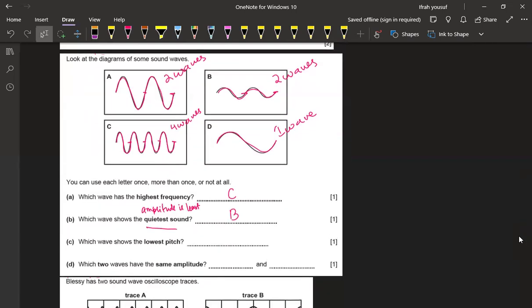Now you have to refer pitch with the frequency. Which wave shows the lowest pitch? D. Because here's only one wave. That's why the pitch will also be lowest. Which two waves have the same amplitude?